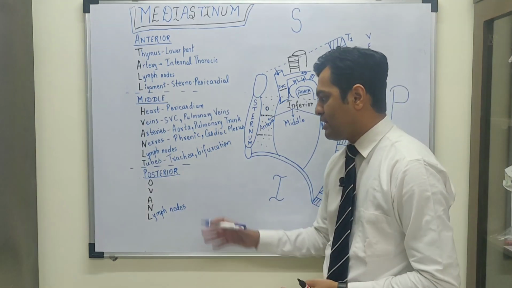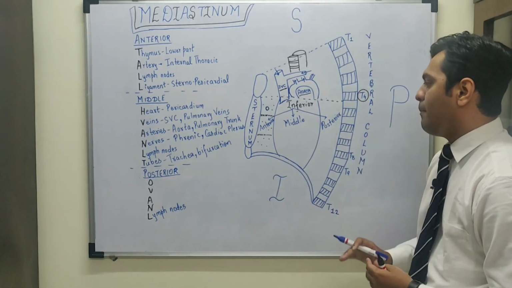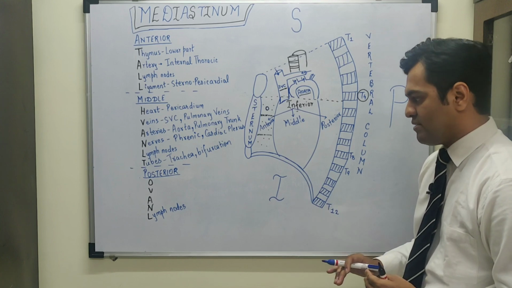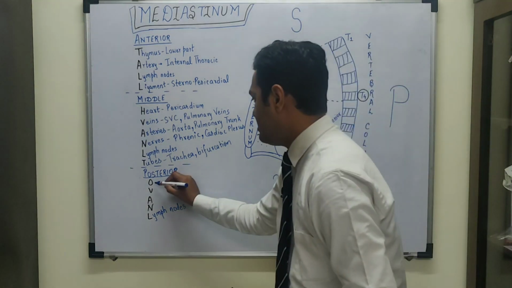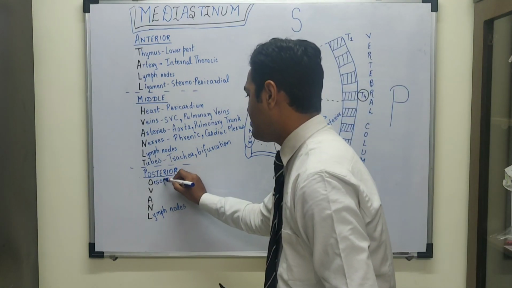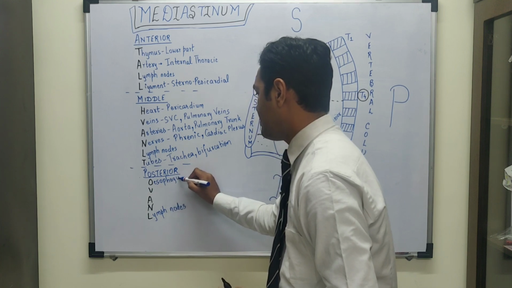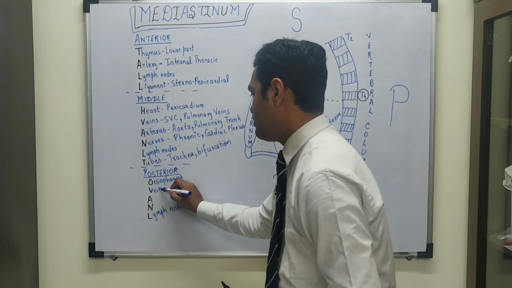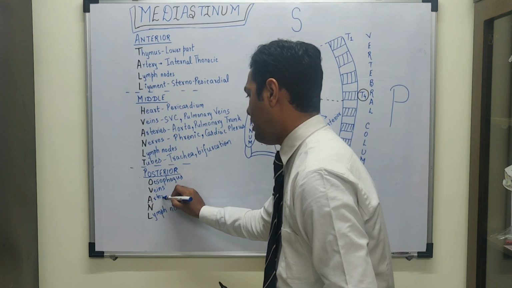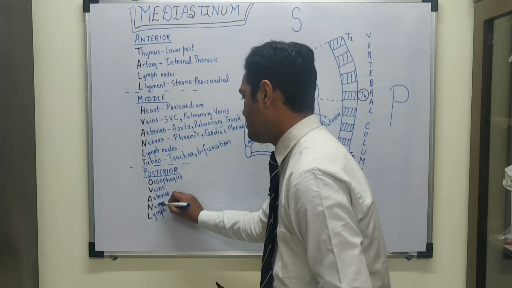When we describe the contents of the posterior mediastinum, there is specifically the esophagus. There is again VAN, that is veins, arteries and nerves.